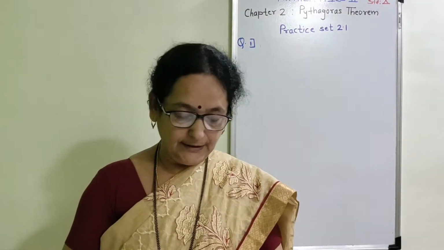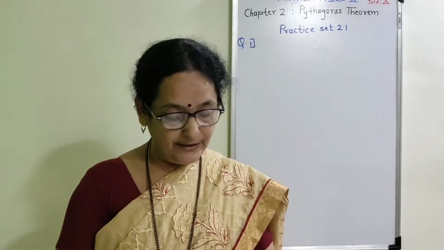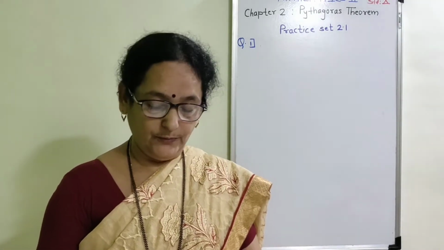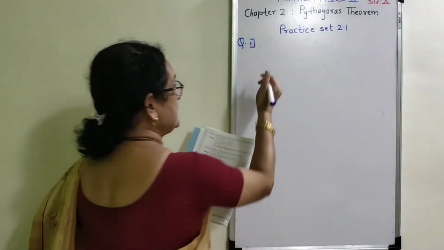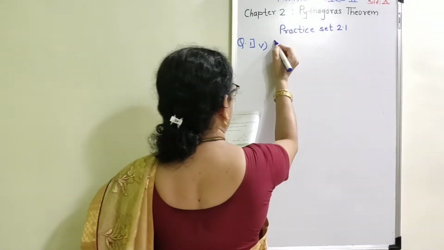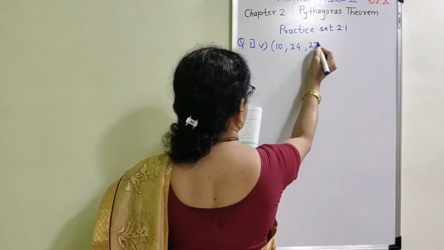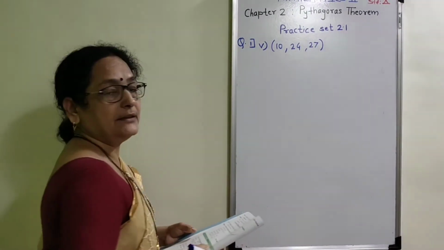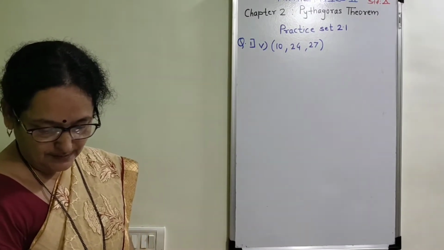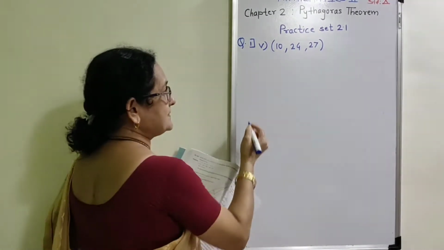Now take the last two examples and solve example number 3 and 4 as homework. Now I am taking example number 5. They have given that 10, 24 and 27. Determine whether this is a Pythagorean triplet or not. Now here also find out the largest number.